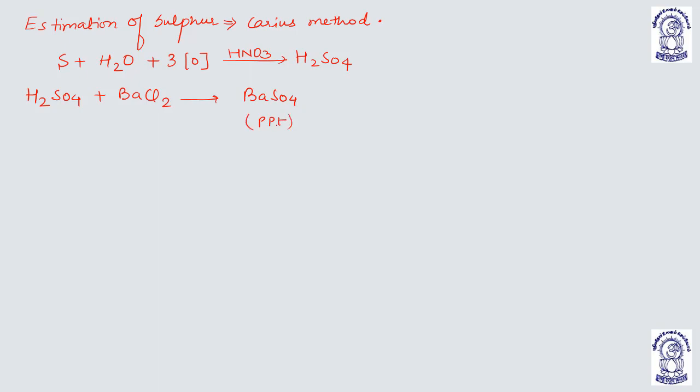The precipitate is then filtered, washed, dried, and weighed. From the weight of BaSO4, the percentage of sulfur can be calculated.